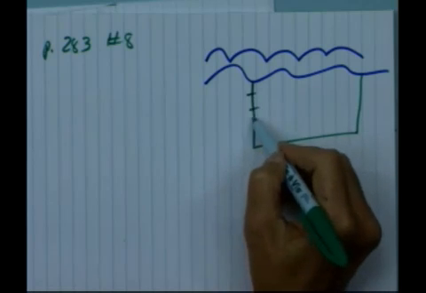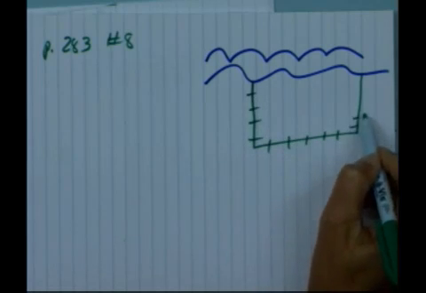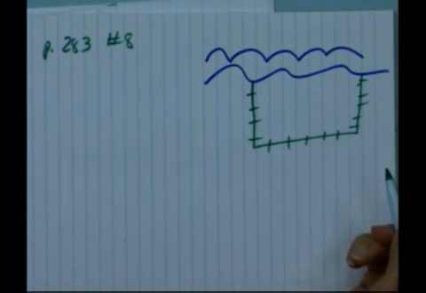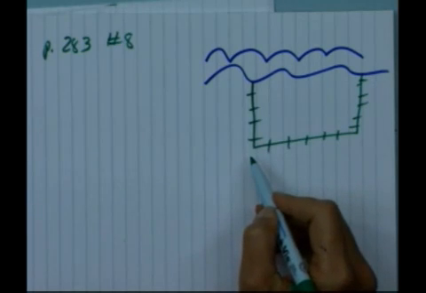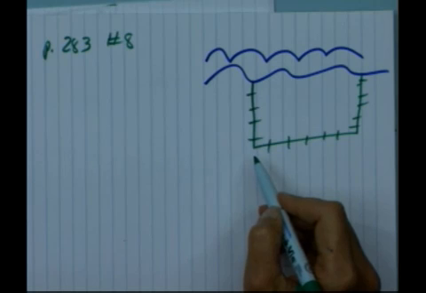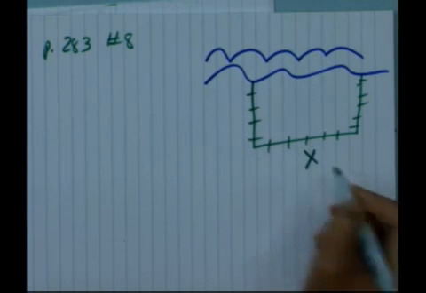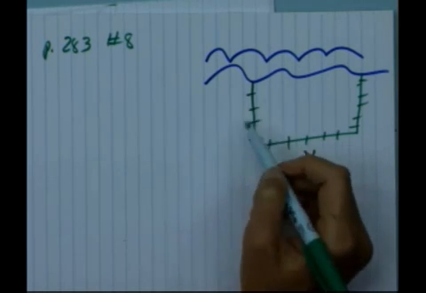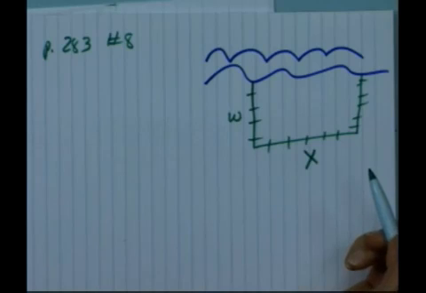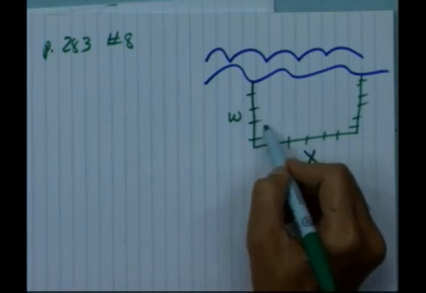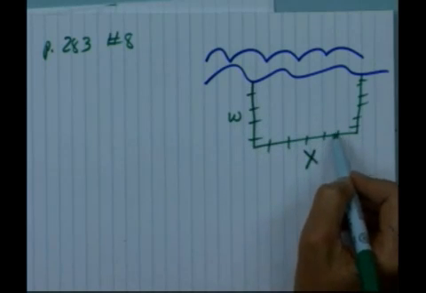And we're going to put fencing all along here. And where did we label x? x is the length of the side parallel to the river. So this is x. And we'll just call this w for width. And all along here, we're going to use 3,000 feet of fencing.